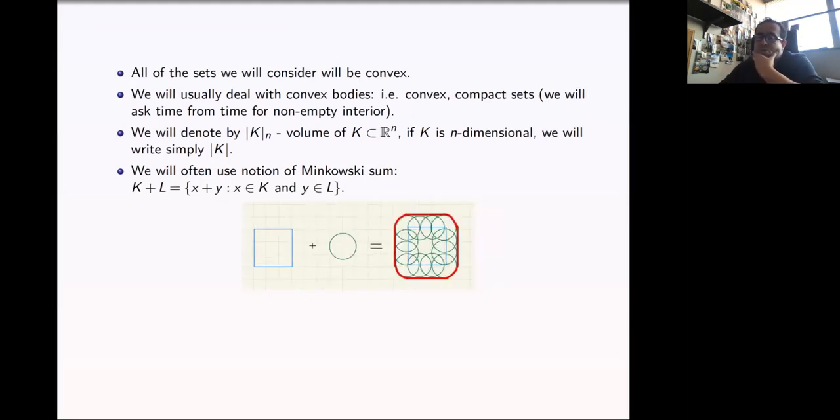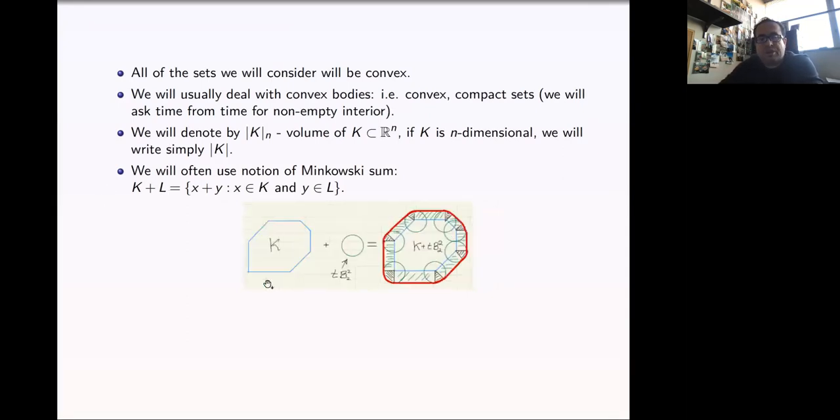One of the better, more educational ways to do it is to add a disk to a square, and you get something like this, or add a disk to some convex object on a plane, a polygon, and you get something like this. If you multiply this disk by t and try to make t small, then you can make those cool pictures that I tried to do, and you can see that something is going on.